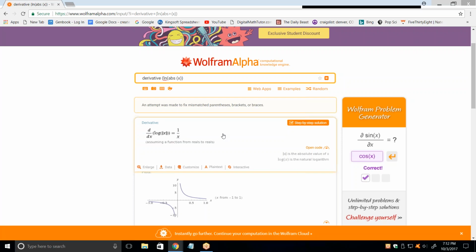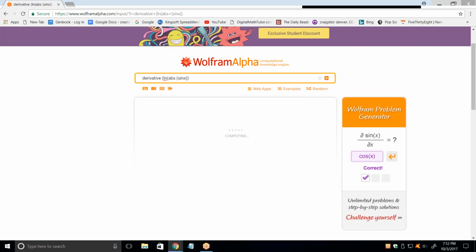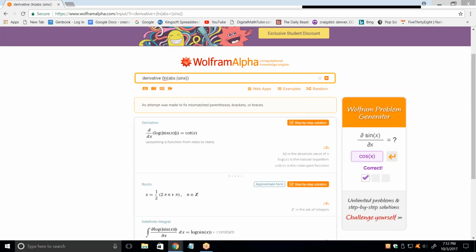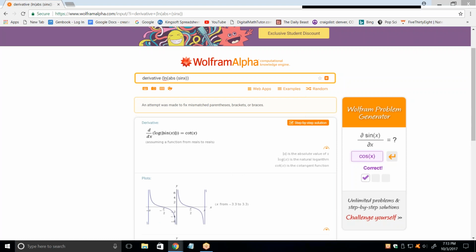So that leads me to believe that, and here, instead of x, I'll put sine x in there, and then we'll have the problem we were actually doing. And it should say negative tangent. That is the problem, isn't it?